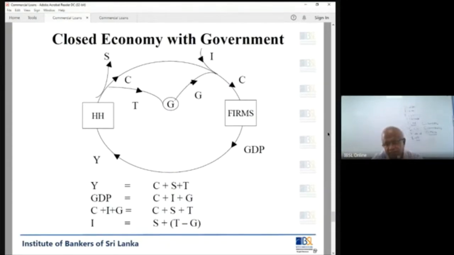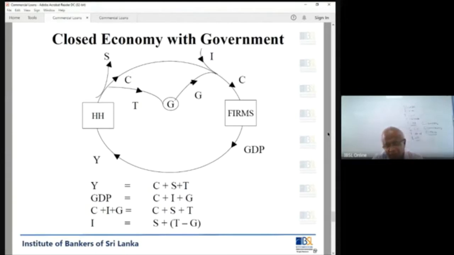Next model. Y equals C plus S plus T. GDP equals C plus I plus G. When they are equal, I equals S plus T minus G. Now we have two players, the household sector and the government, financing business sector investment.